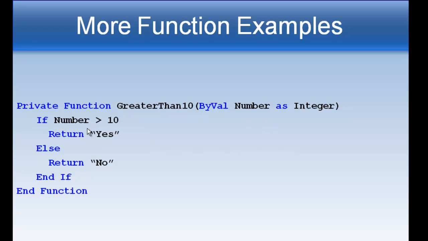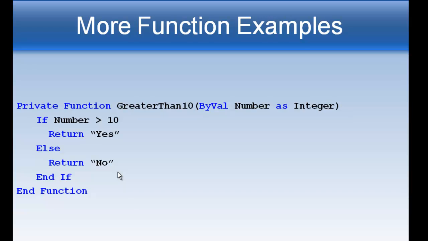One thing that's interesting is you can have more than one return statement like this. And you can also return strings. It doesn't have to be a number. If you are going to have more than one return statement, you should just make sure that there's only one way that the function can get returned. If I have this if statement here, it either returns yes or it returns no. And so you can get infinitely complicated.